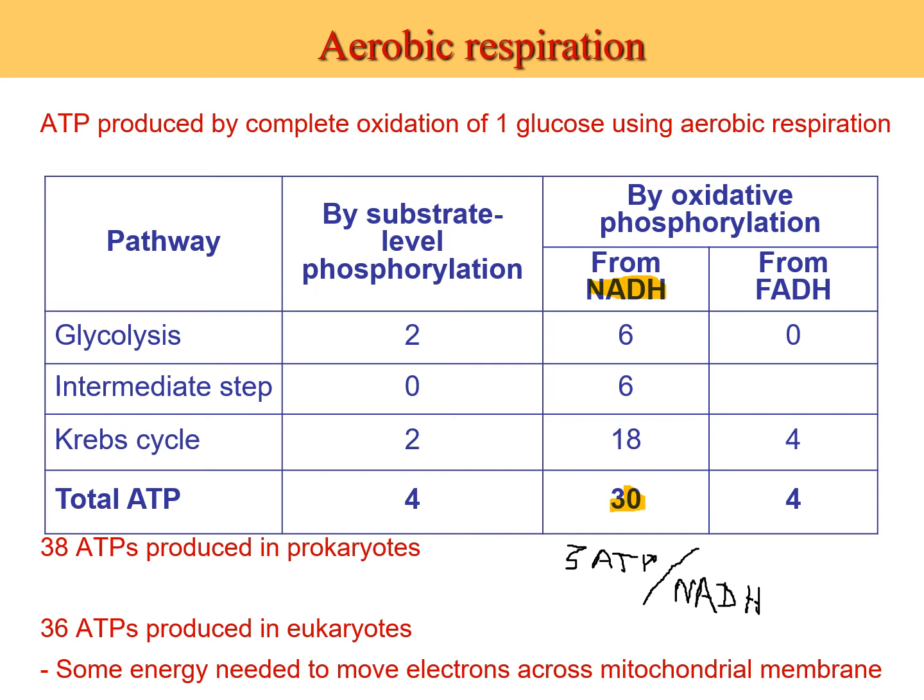Suffice it to say, the end result from the full breakdown, the oxidation of 1 six-carbon glucose, is that you get in the end 38 ATPs.